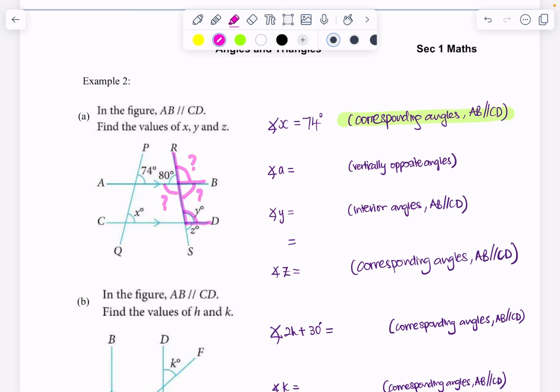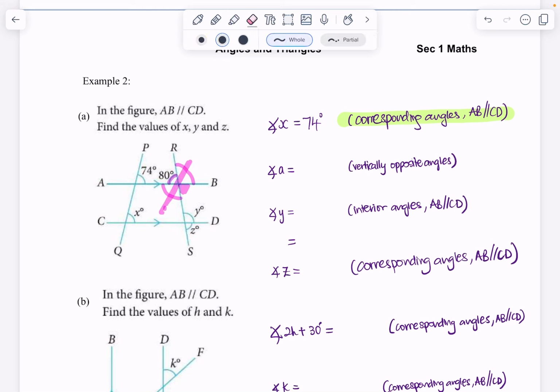So in order to find Y, we will need to find one of these angles first, which can be easily done because this angle is given as 80 degrees. By using adjacent angles on a straight line, we can find this angle. Or using adjacent angles on a straight line, we can find this angle. Alternatively, using vertical angle properties, we could even find this angle.